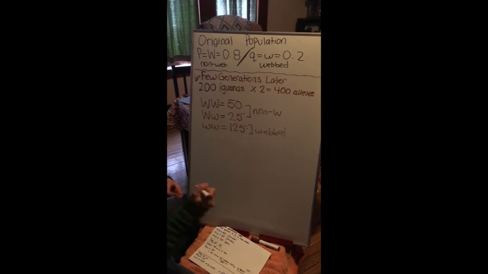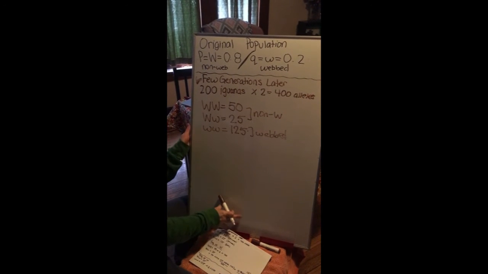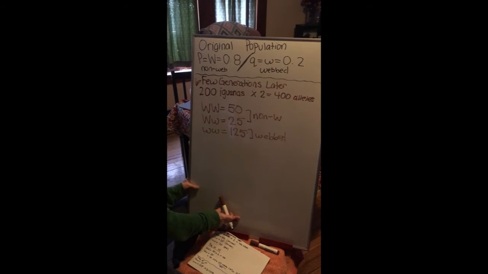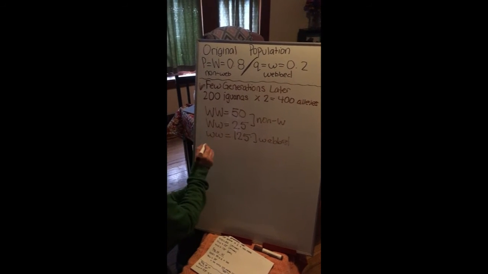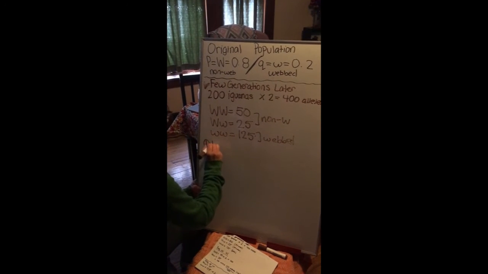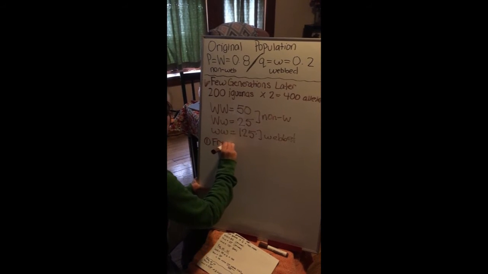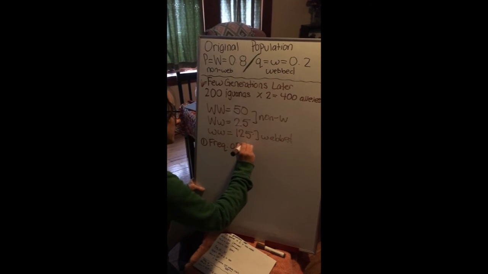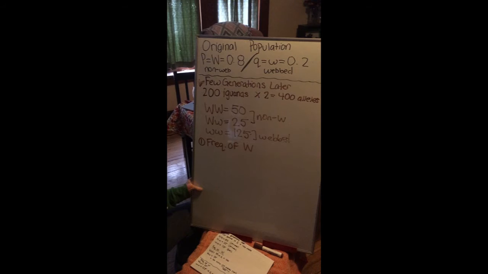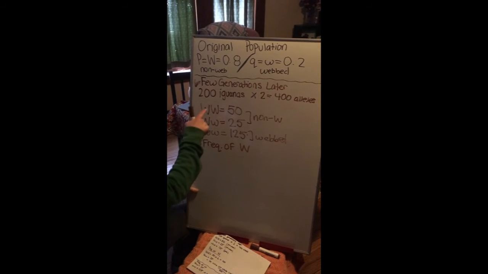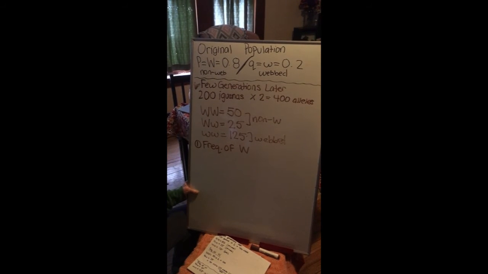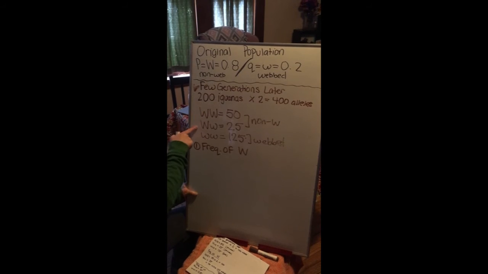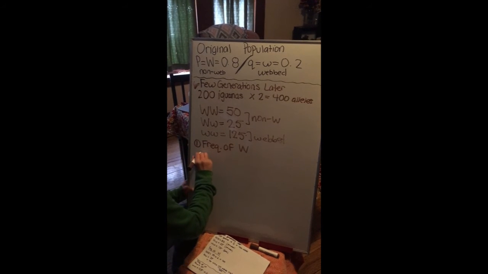So the first thing we can do, we can actually skip a step we did in our previous example to get to it a little bit faster, is now let's calculate the frequency of our dominant allele in our population. Again, there are 2 different ways to have at least one of those dominant alleles, either you're homozygous dominant or heterozygous.